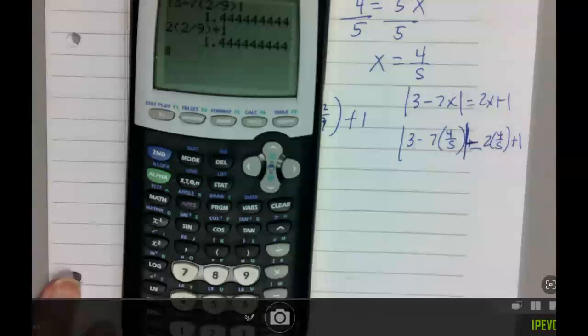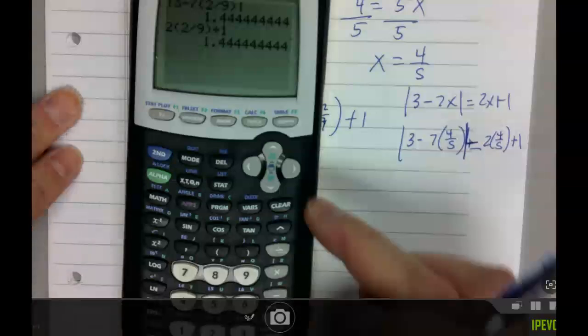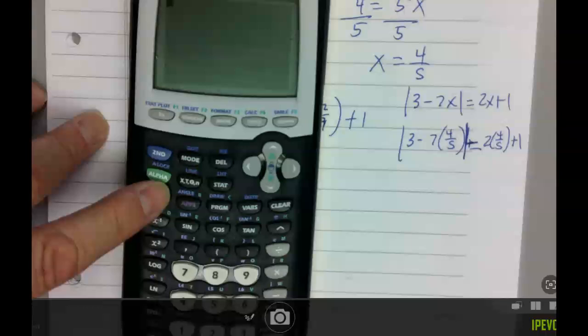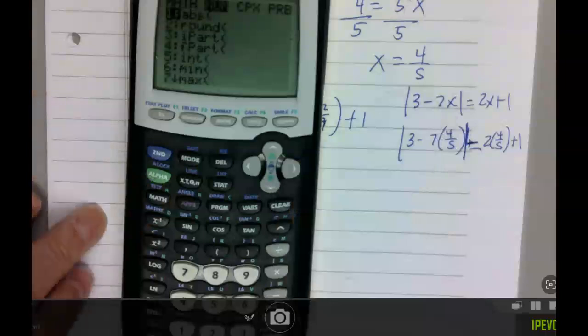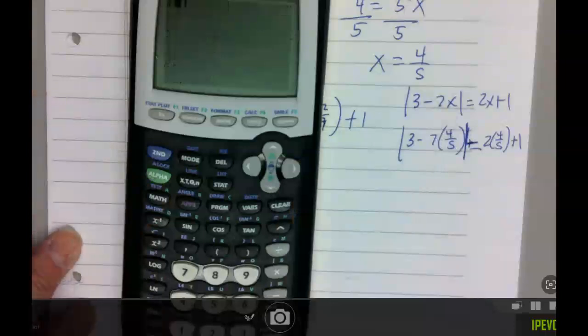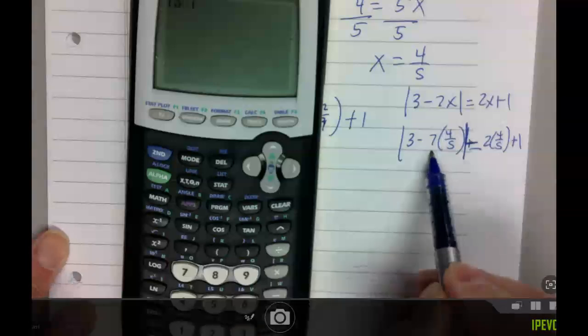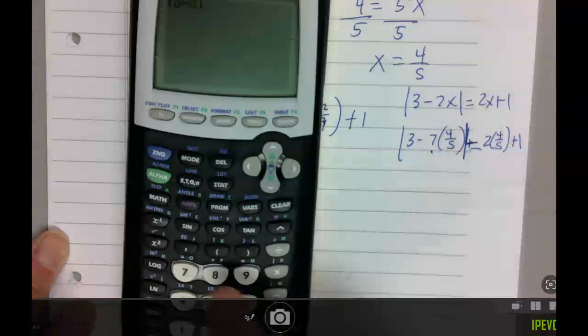So where do I get that absolute value? I'm going to clear this all out. Hit math, go to math, then right arrow over to number, and then hit number 1. And then type in 3 minus 7 parentheses 4 divided by 5 close parentheses and hit equals.